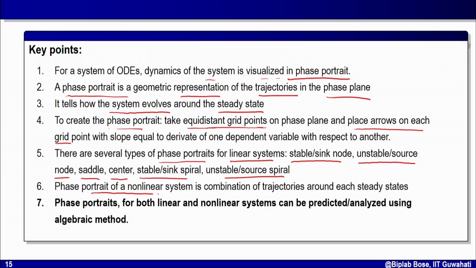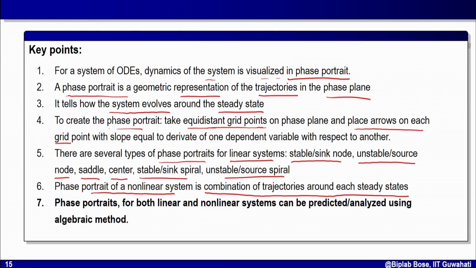I can consider the phase portrait for a nonlinear system as a combination of multiple phase portraits corresponding to each of the steady states. So the phase portrait of a nonlinear system is nothing but a combination of trajectories around each steady state.